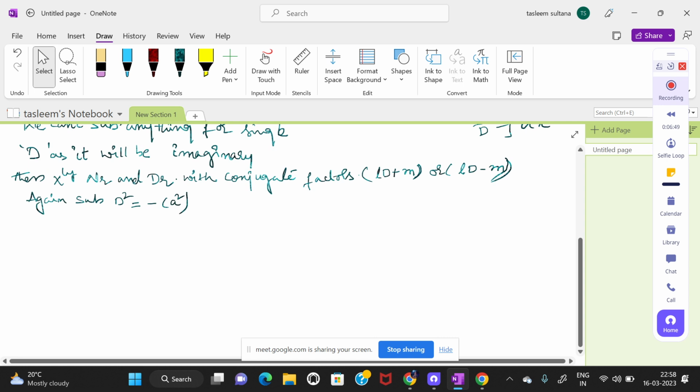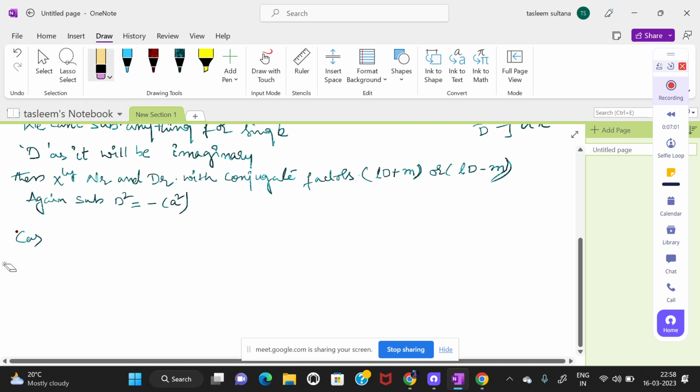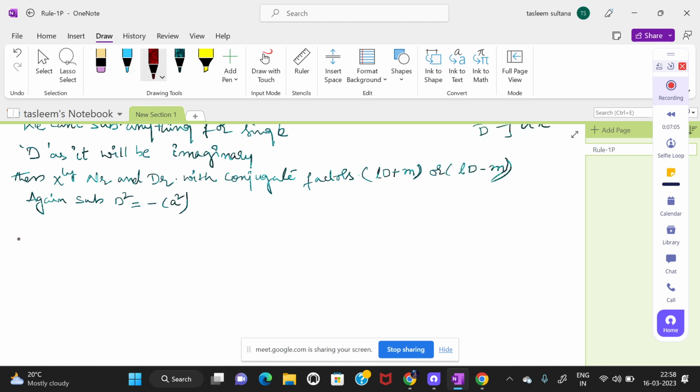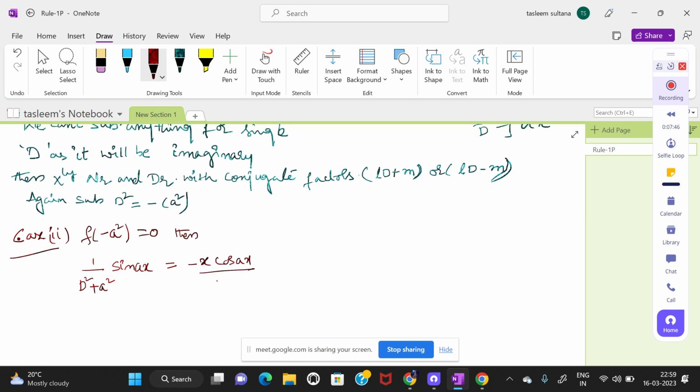Shall we move to the second case? Your case 2: after substituting, if f of minus a square is becoming 0, then directly, if it is in the form of 1 divided by D square plus a square into sin ax, you write it equals minus x cos ax divided by 2a.